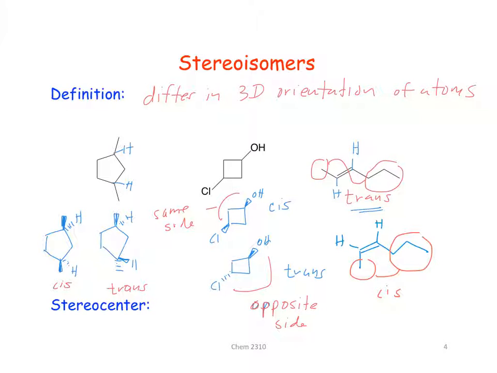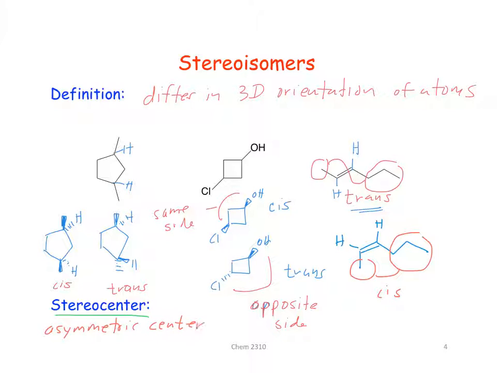Alright, so the next thing we're going to do is add in a type of stereoisomer that's based upon something called a stereocenter, or sometimes also called an asymmetric center.